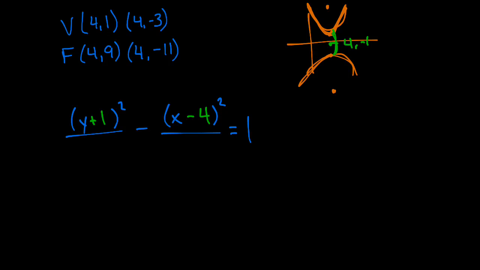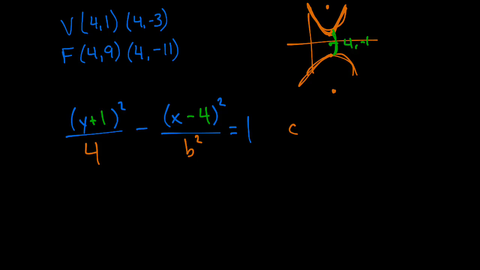Then we also see that the distance from the center to our vertices, so up and down, is 2. So our y radius is 2. So underneath our y, we should see 2 squared, and 2 squared is 4. So we have 4 underneath there. So the last part is finding this b squared.